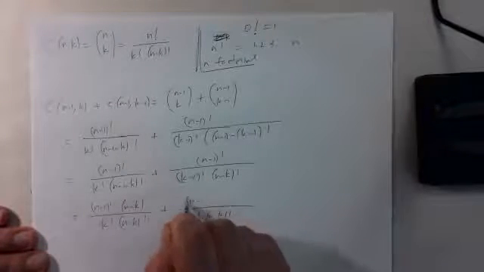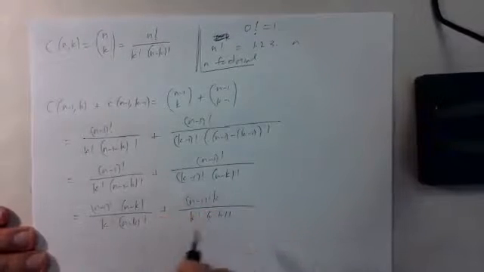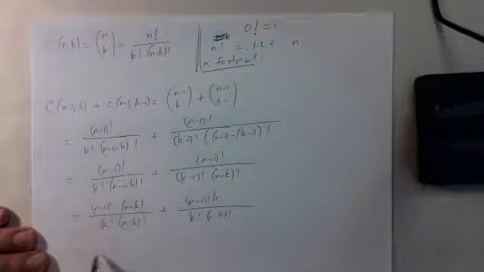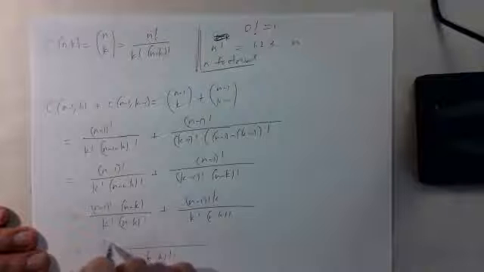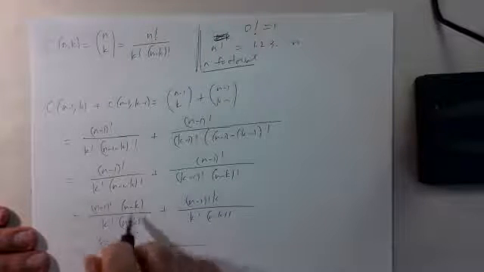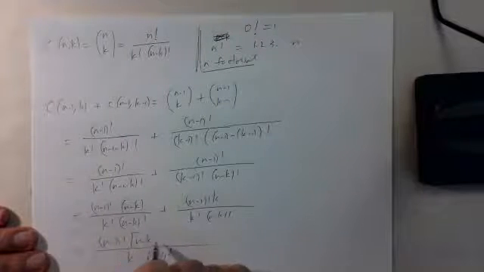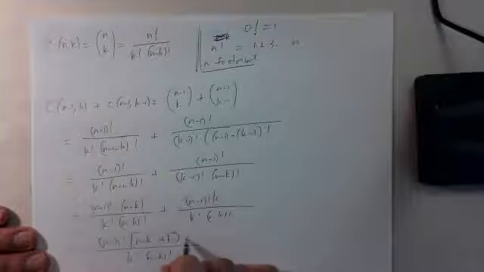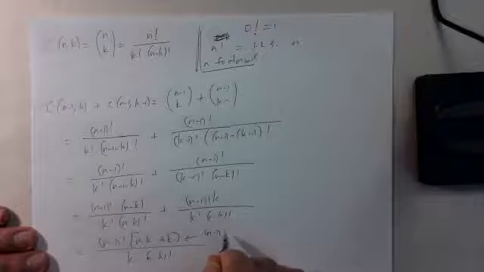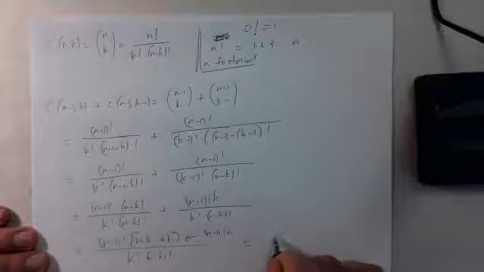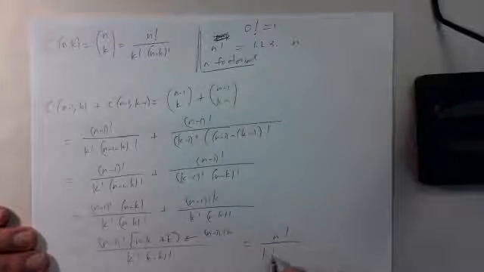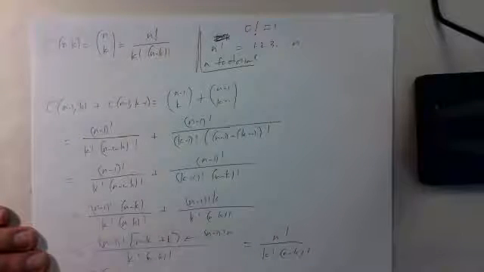And here I have n minus 1 factorial times k. So now I have the same denominator, so I can add the fractions. I get n minus 1 factorial times n minus k plus k, and the k's cancel. So this is just n minus 1 factorial times n, which is n factorial over k factorial times n minus k factorial. So that's C of n, k.